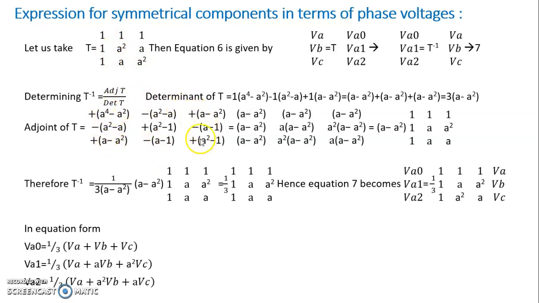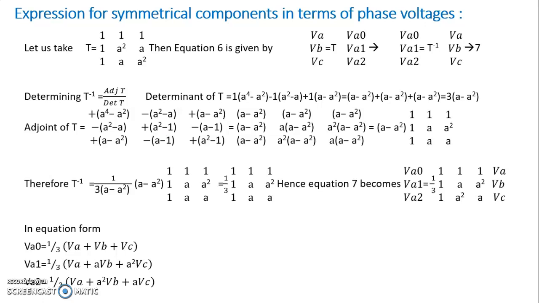Now commonly I want to make this as a minus a square. So this a raised to 4 is nothing but a, and a minus a square I have made. Here I will take minus common, and it will become plus, so automatically it will be a minus a square. A minus a square as it is, we have left it. In this again you take minus common, giving a minus a square. Here I want to make it in terms of a minus a square so that I can take it out.